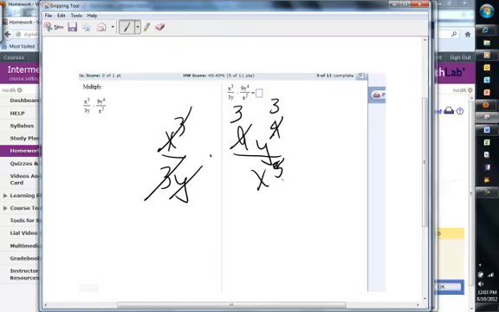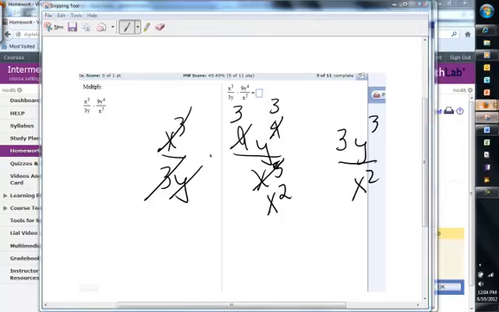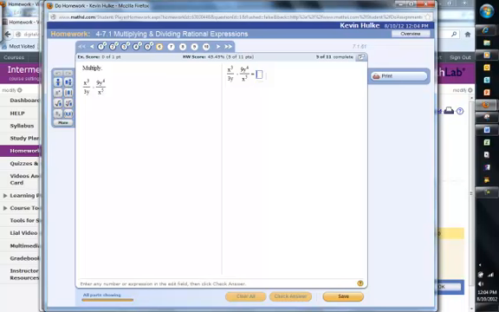All of these x's go with all but 2 of these x's, and so we're left with 3y cubed over x squared.